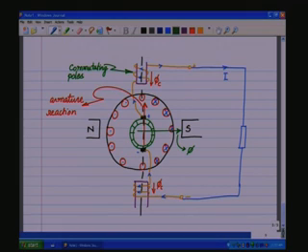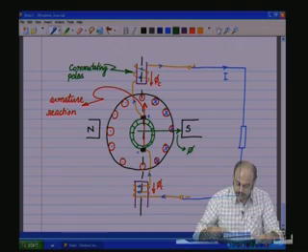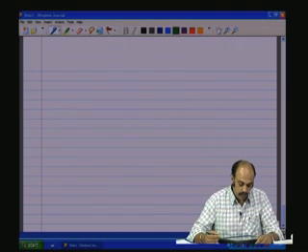The brushes can still stay in the same position, and the voltages induced in the coils at the neutral zones will still be 0, and therefore no short circuiting currents, and therefore no extra sparking or arcing when the commutator segments are passing over the brushes at the neutral zones. So, this is an important concept, that is the armature reaction, which will be there in any DC machine, and that has to be taken care of by using the commutating poles.